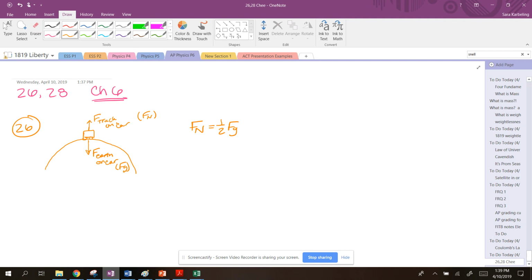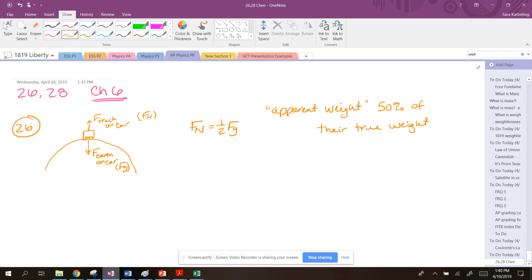Where in the world did you get this? It said that at the top, its weight is like half or something like that. Mm-hmm. And so basically the net force then would be the Fg would be half. I don't know. So it says the apparent weight is 50% of their true weight.